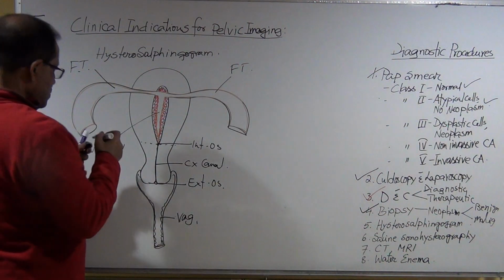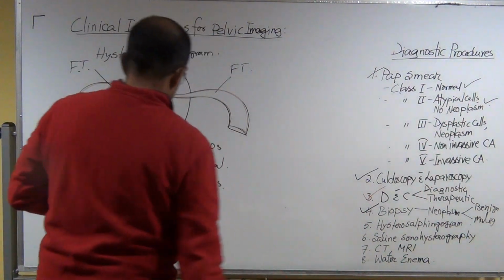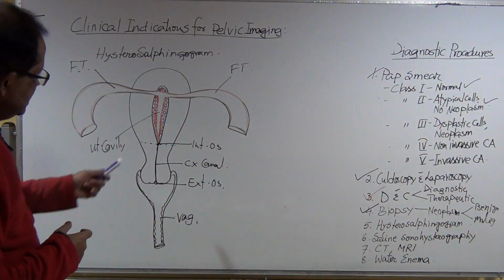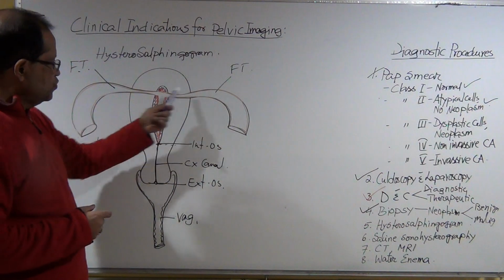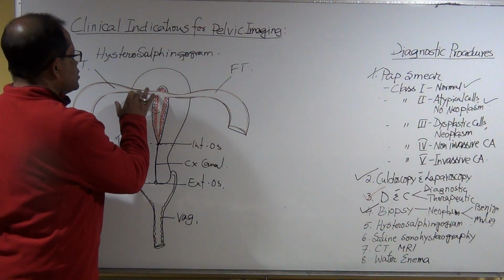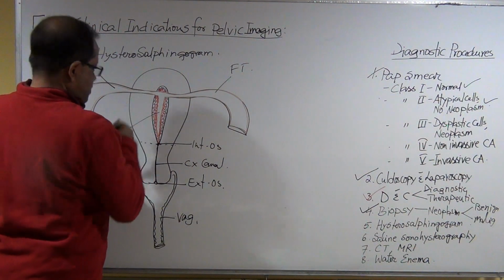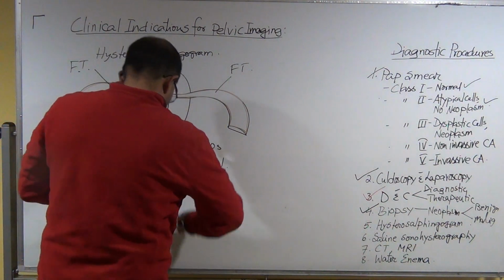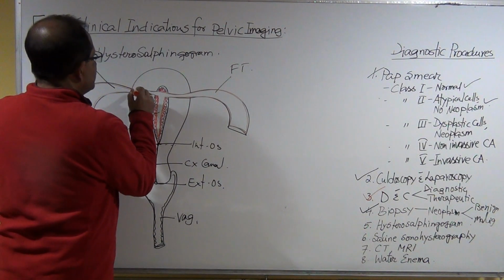Now I'd like to see this cavity and this tube's cavity. Why? I'd like to see whether it is patent or obstructed, because the patient says she is suffering from infertility.